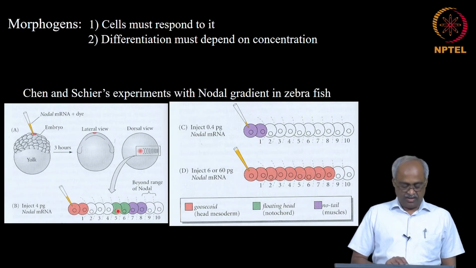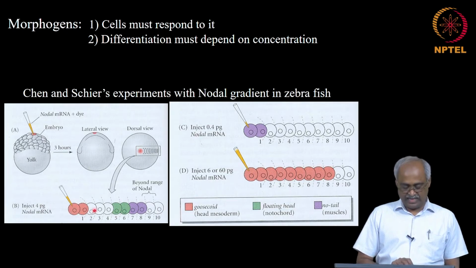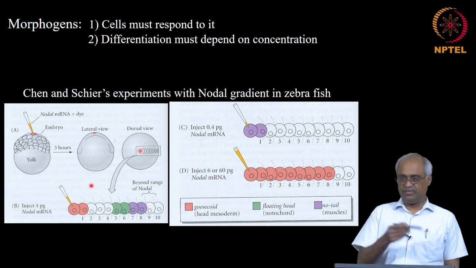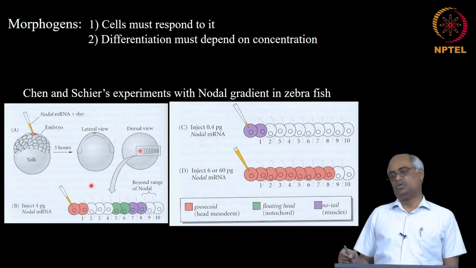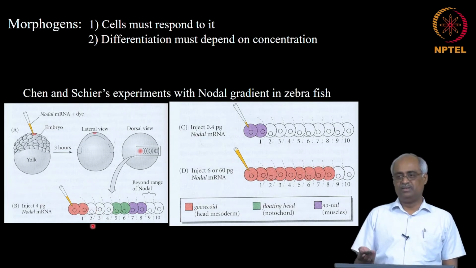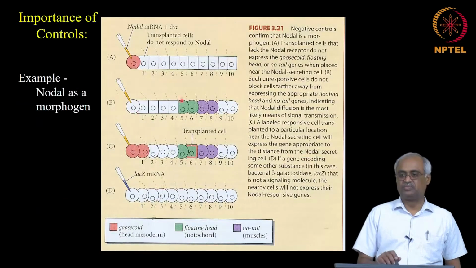Instead, nodal induces certain changes here, and in turn this cell induces this cell to be white, and only when this cell becomes white it induces this to be green, and this has nothing to do with the nodal gradient. If this is the case, if I replace these with a different kind of cells, then that should not happen. If I have cells with no nodal receptor, then that should not happen, and that is what is being tested in this. Is this clear?